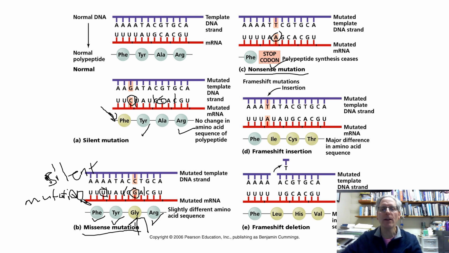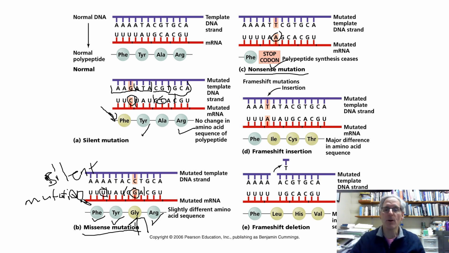Likewise, you can add or you can delete groups of bases that are not multiples of 3. You'll notice that the cell reads the DNA in groups of 3. If you insert or take out 3 bases, you'll take out 1 amino acid, you'll add 1 amino acid.